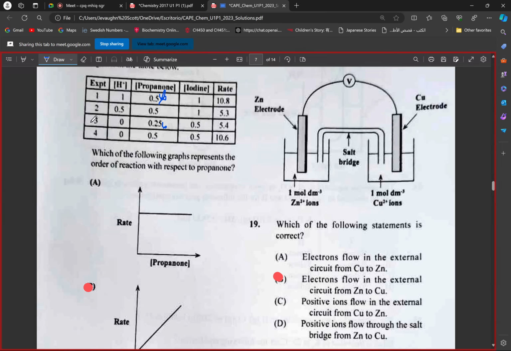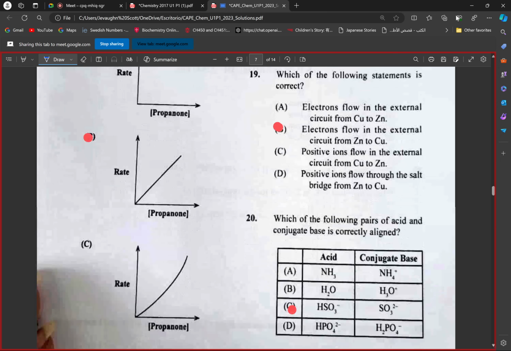So we're going to have to use experiment 3 and experiment 4, and we're going to see that this is increasing. It doubles. So 0.25 times 2, we're going to have it doubling. Therefore, 5.4 times 2 gives roughly 10, actually 10.8, but it's roughly doubling, so it's going to be a first order reaction here.